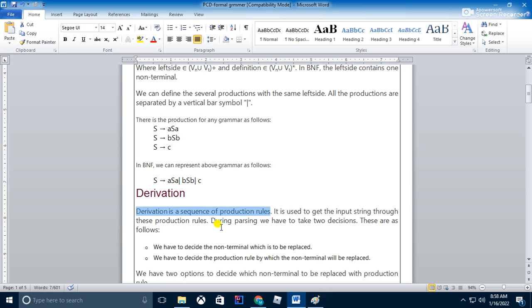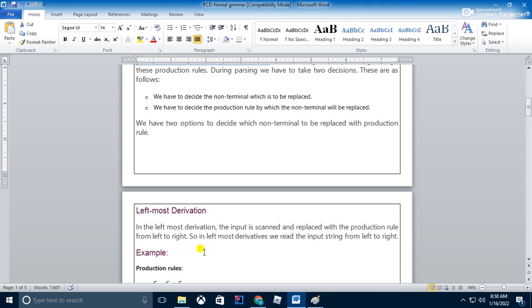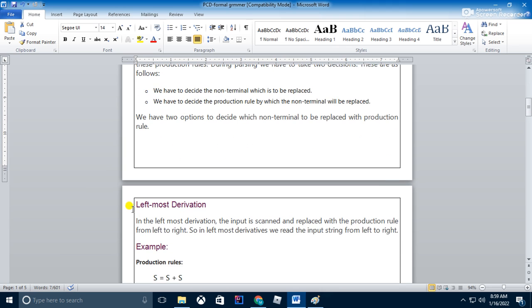We have two options to decide which non-terminal to replace with the production rule, and derivations can be classified into leftmost and rightmost derivation.